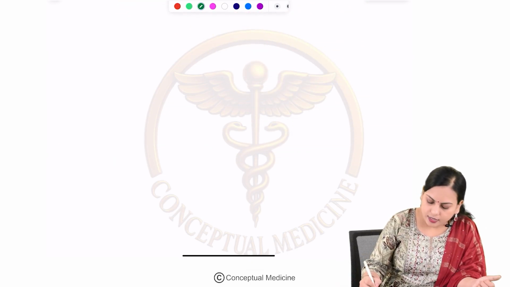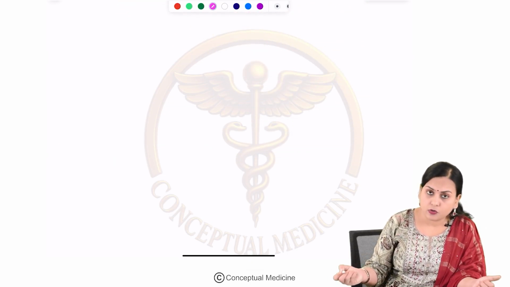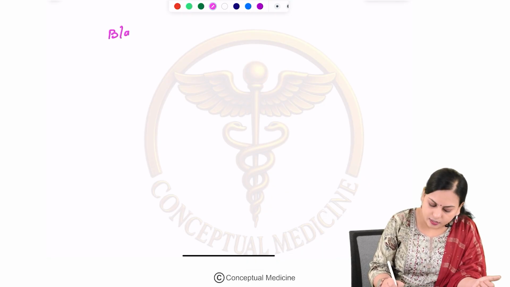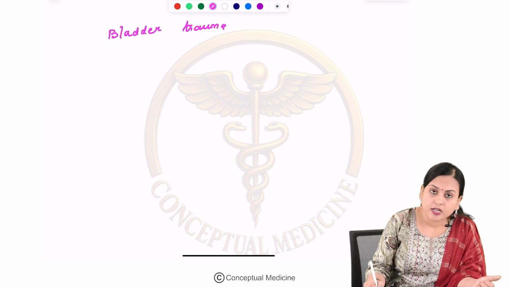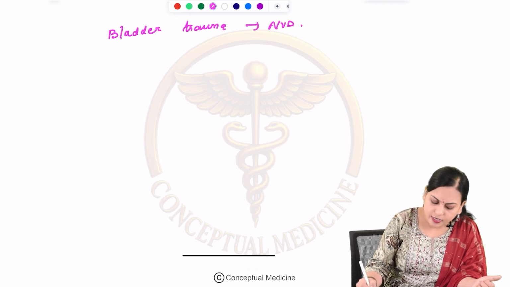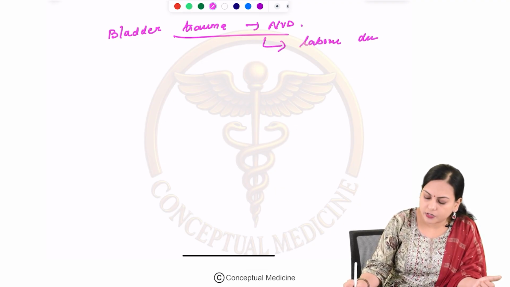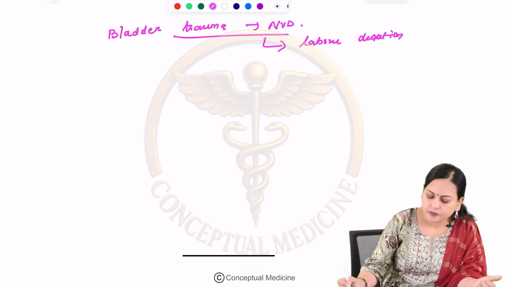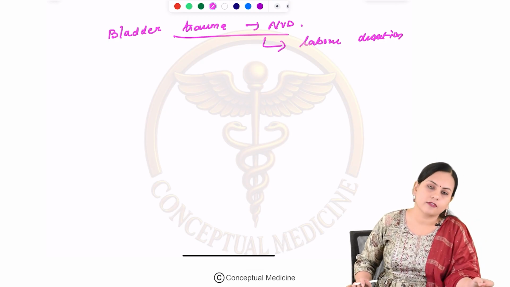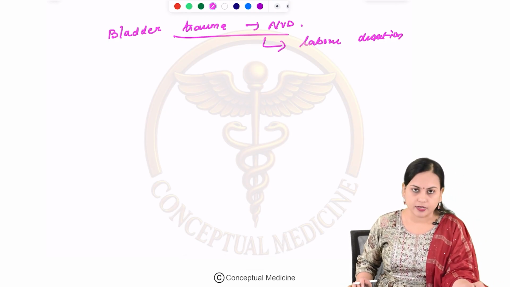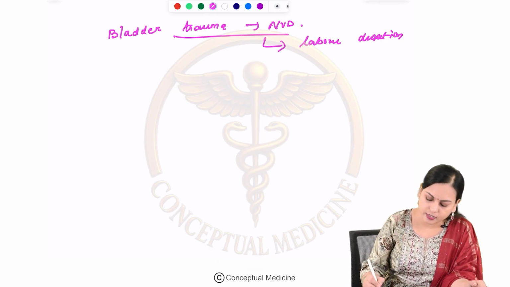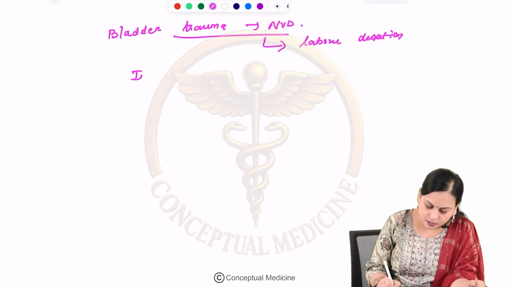You have to know that there can be chances of bladder trauma in case of normal vaginal delivery, and this may be associated with the labor duration. If it is a prolonged labor, then the risk of bladder trauma will be increased.